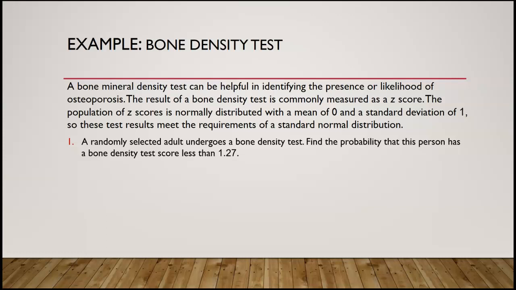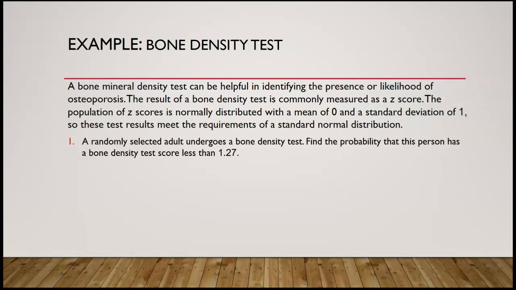I will show you how to find the probability of a standard normal distribution using Table A2 and StatCrunch. And in the next video, I will also show you how to use a TI graphing calculator to calculate the probability of a standard normal distribution. Let's first draw a graph to help us visualize what we're looking for. Remember, the graph of a standard normal distribution is a bell-shaped distribution with the mean equal to 0 and standard deviation equal to 1.